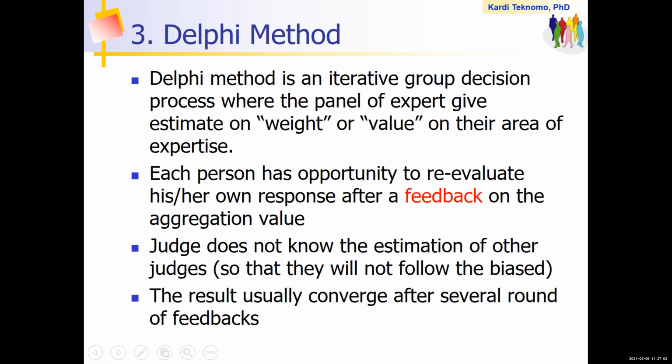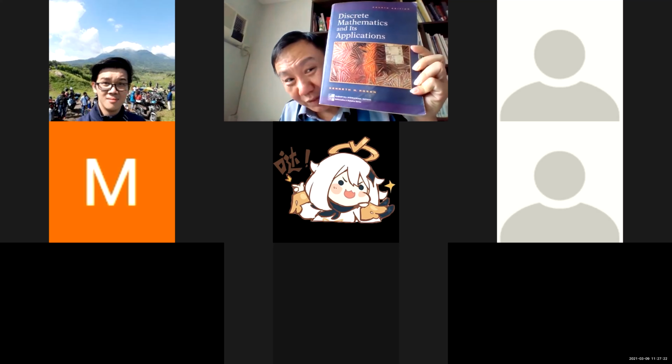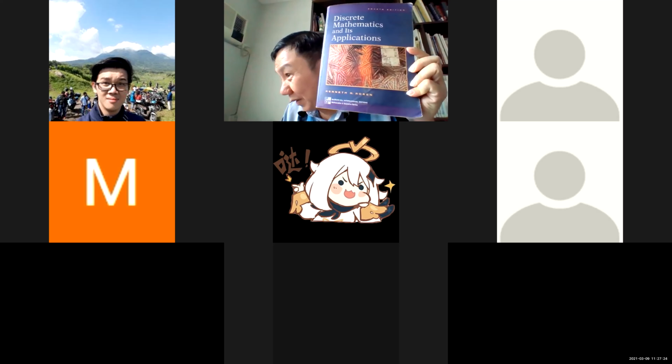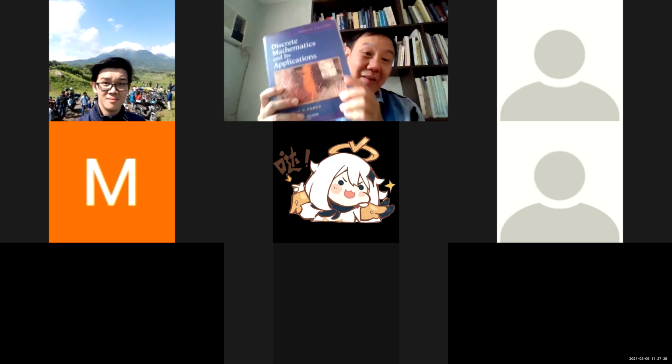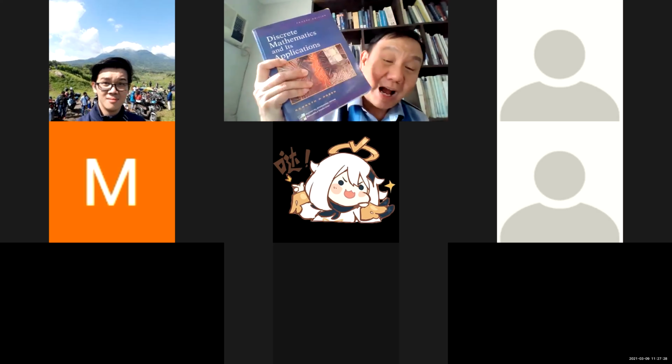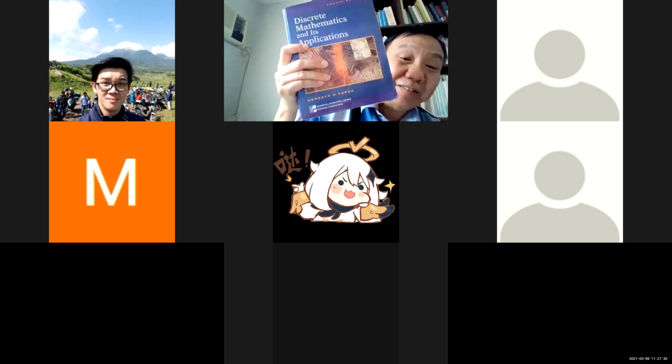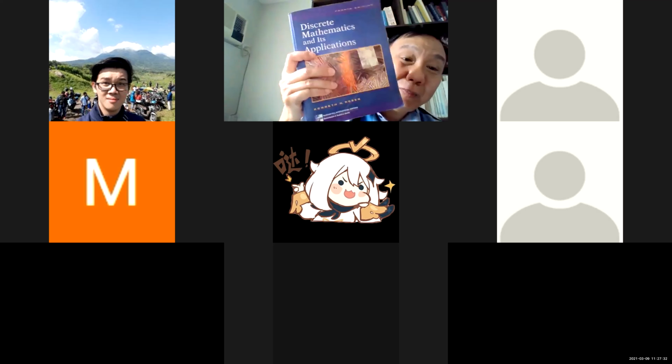Okay, let's practice Delphi method. Let me get certain pen here. I will show you this book. Can you see it? So I will ask you, how much does this book cost?